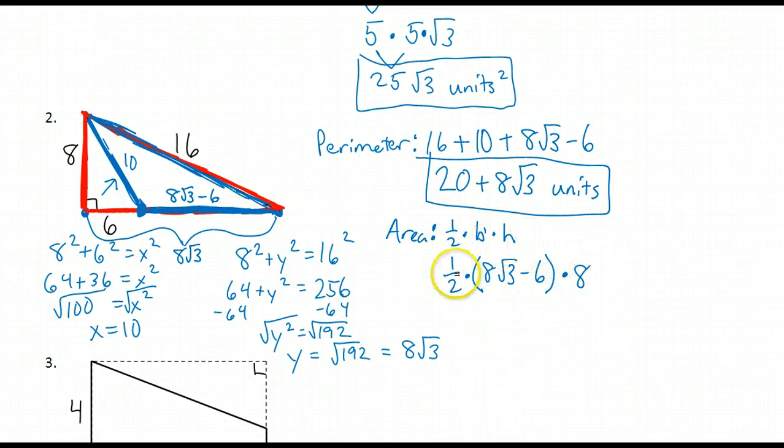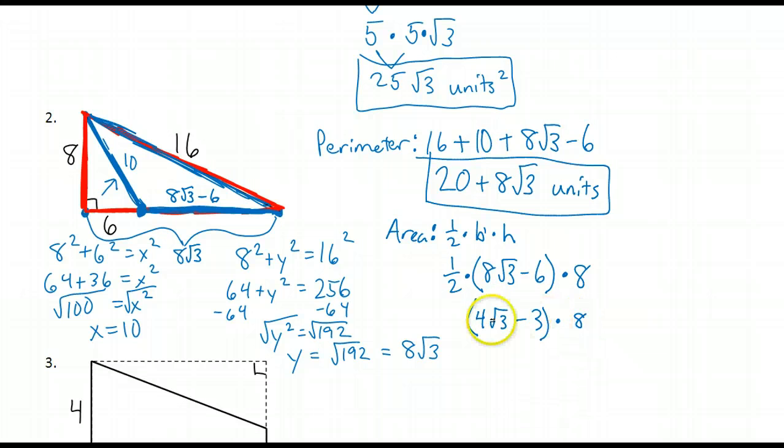So now I need to simplify. I'm going to distribute the 1/2. 4 square roots of 3 minus 3, times 8. But I still want to take 8 times this entire length, so I still need parentheses. And now I'm going to distribute 8 from the right side.